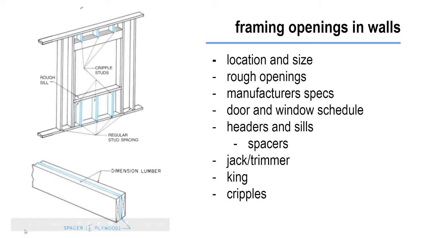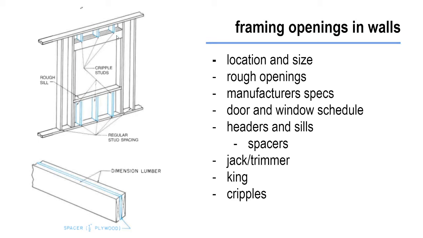Your header is just going to be pieces of framing material, but instead of going vertically up, they're going horizontally across. And oftentimes there's a piece of spacer in between to help make sure that it can go across the full edge of the stud. That's because we are compromising the structure of the building by cutting those studs away. Now the weight is compromised in this area, and so putting the header there gives extra added support.